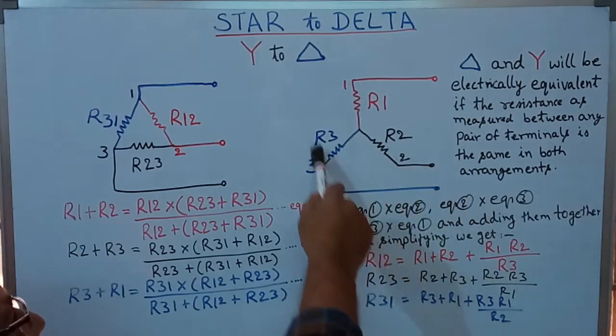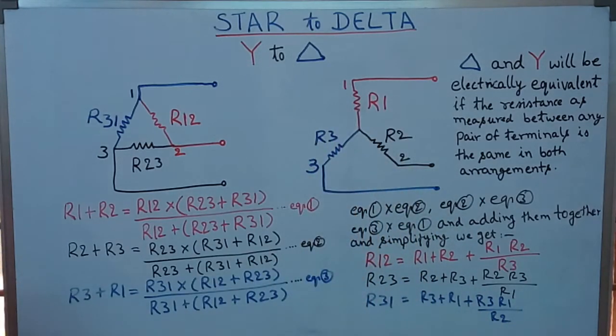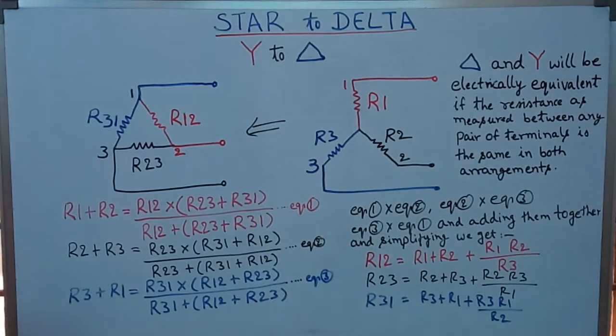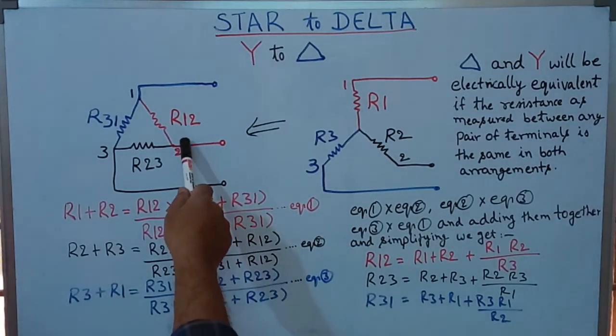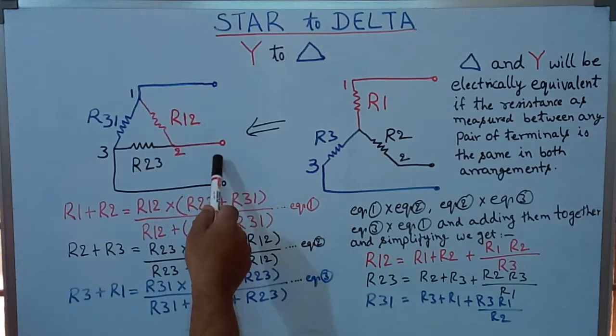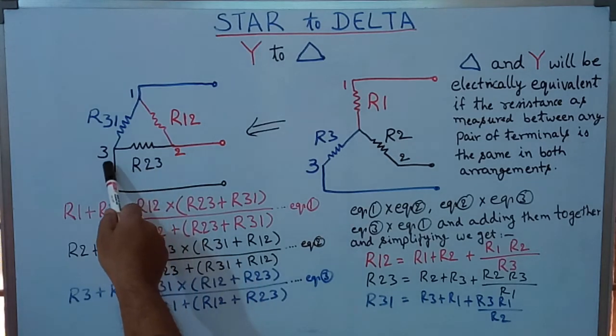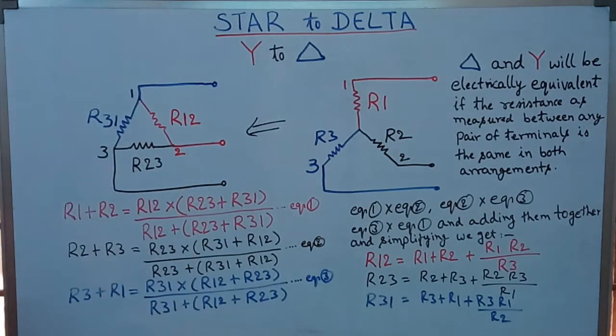This is a star connection. And in the delta connection, we have R12 between terminal 1 and 2, between terminal 2 and 3 it is R23, and between terminal 3 and 1 it is R31.